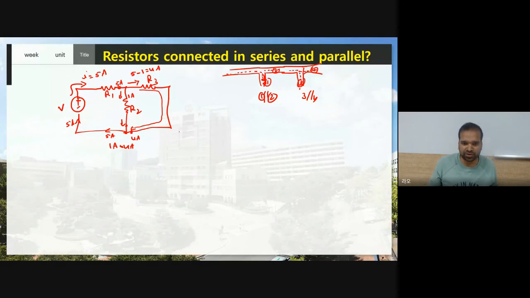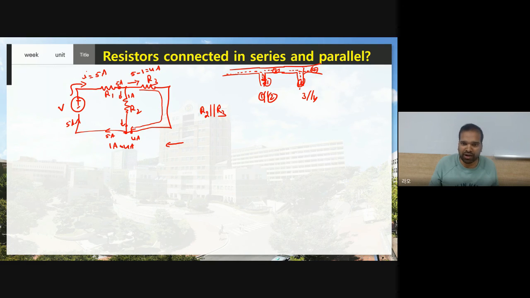See here, you always go from left to right in order to find R equivalent. Now what is the current doing? The total current is dividing into R2 and R3. Therefore, the current is going to divide into two parts, so R2 and R3 are connected in parallel.